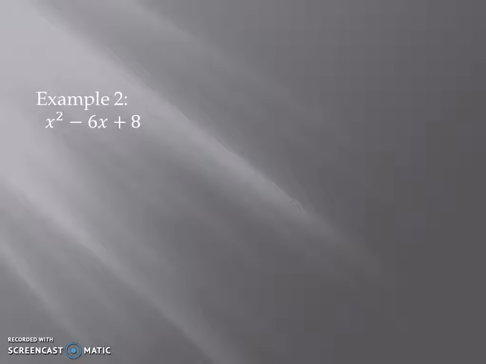Since b is -6 and c is +8, we obviously can tell that we're dealing with two numbers that are both negative, because this is negative and this is positive. So let's divide 8 by 2. 8 divided by 2 is 4. 2 times 4 equals 8. 2 plus 4 equals 6. And if they are both negatives, that means it's -2 plus -4, which gives us -6.